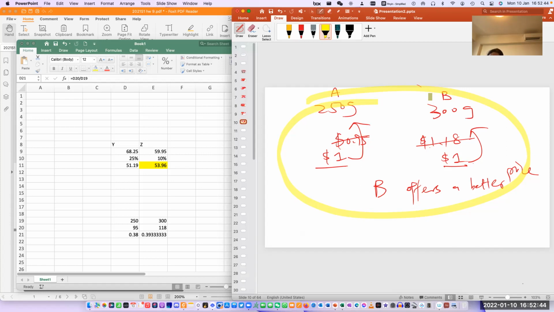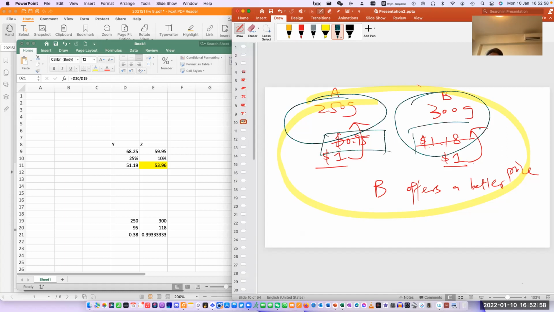So what I'm trying to tell you is when you use estimation, sometimes if these two numbers, or the prices, are very close, your estimation will not be good enough to have a good outcome.